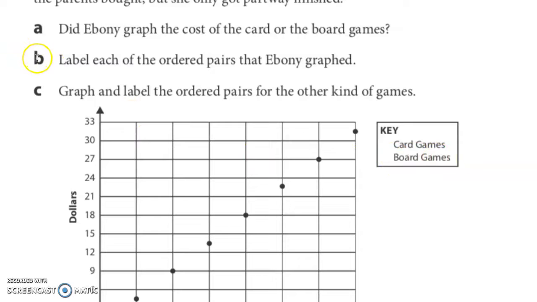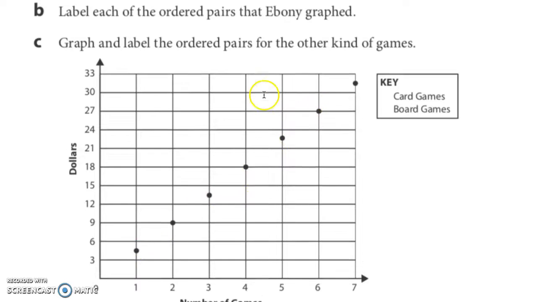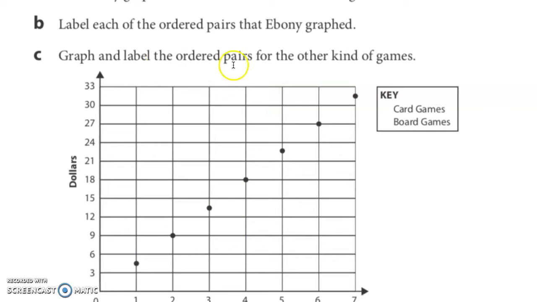In letter B, you're going to label each of the ordered pairs that Ebony graphed. So next to each one of these dots or plots, you have to write the coordinates. And then lastly, you're going to graph and label the ordered pairs for the other kind of games.